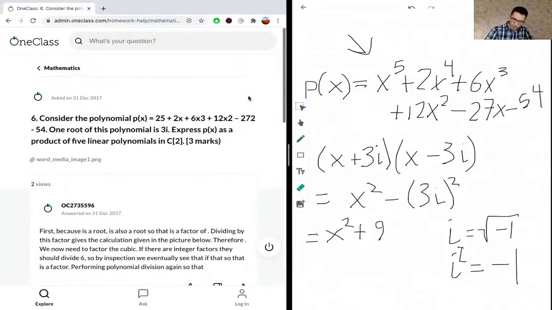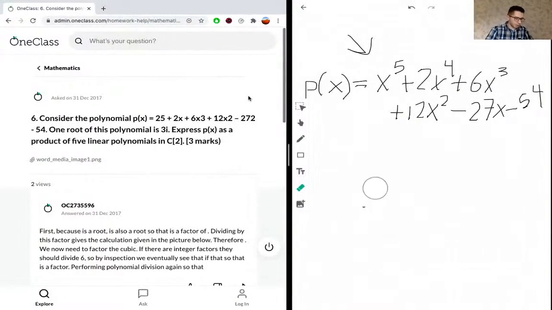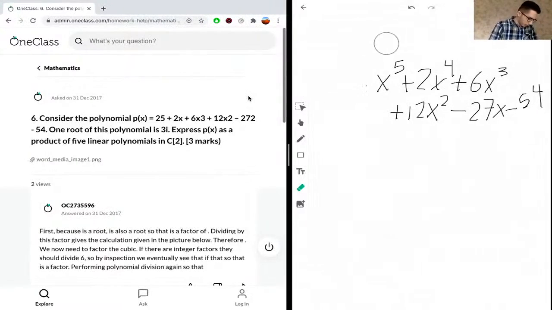So let's erase this down here. We can use x squared plus 9 to do some long division between this polynomial and x squared plus 9. So I'll erase this over here, just so I don't have to rewrite the equation. I might have to rewrite this a little smaller. Okay, so let me just clear the board.